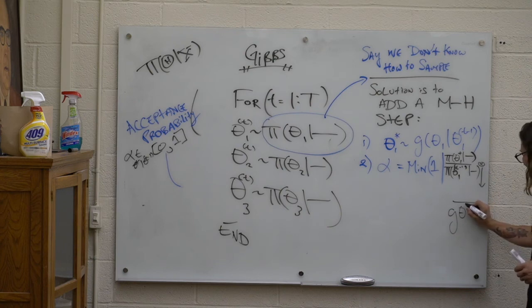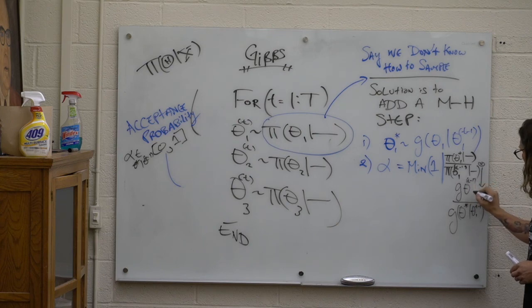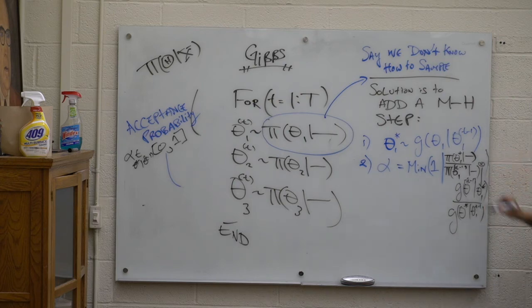So the proposal is an inverse ratio: g of theta t minus 1, given theta 1 star. So this is just this proposal function, and then I would close everything out.